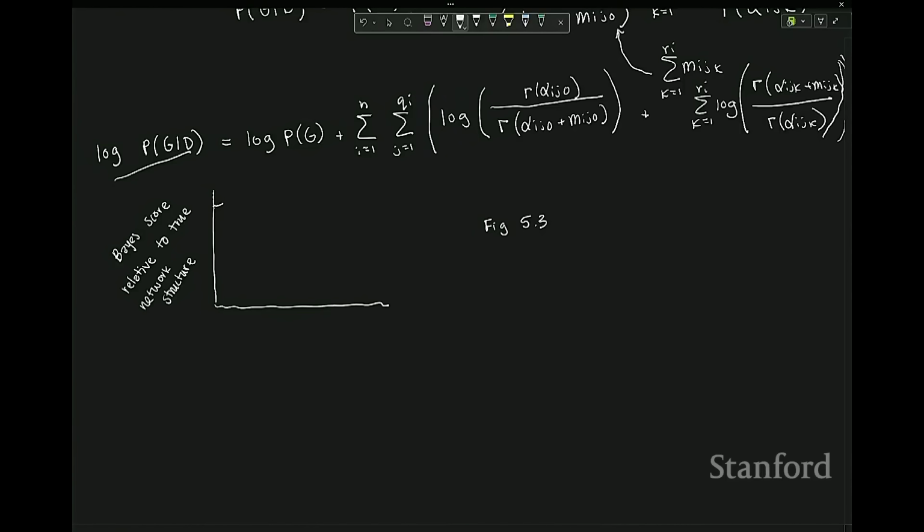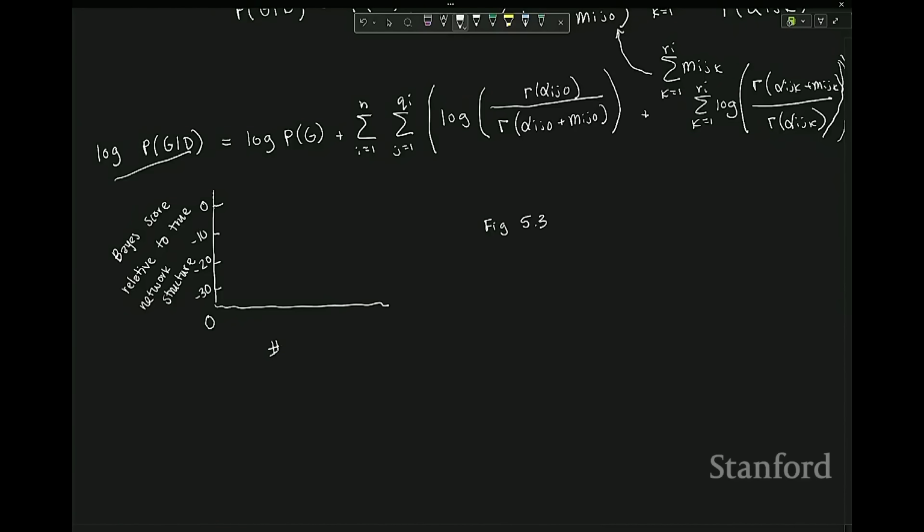And so up here we have 0. If the Bayesian score relative to the true network is 0, that means that the scores are the same. And then things are getting negative, so down here is how much worse we are than the score of the true structure.